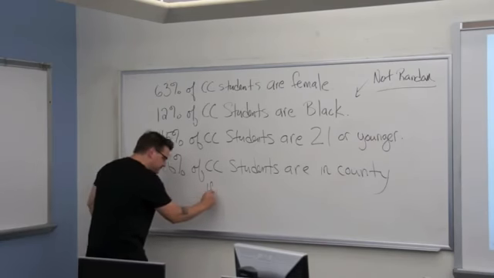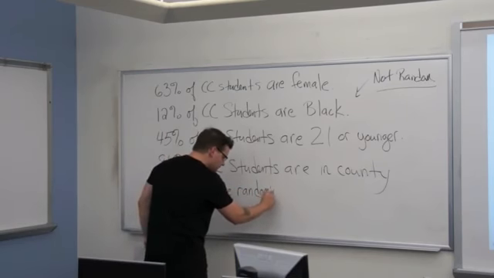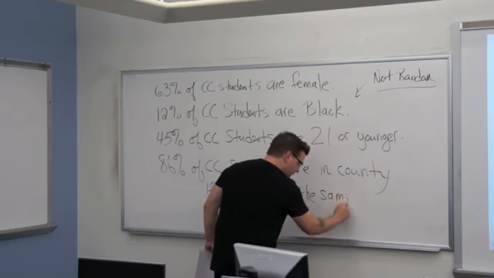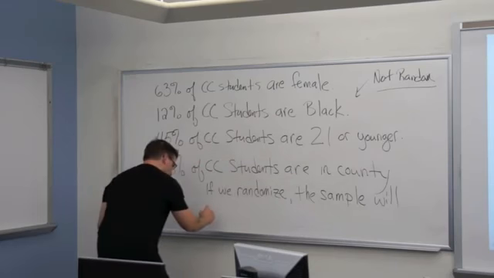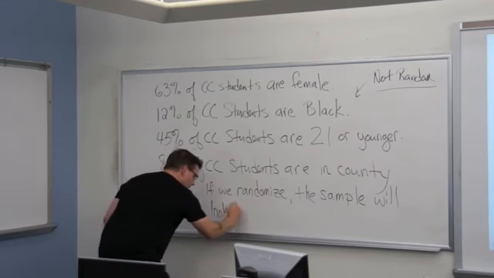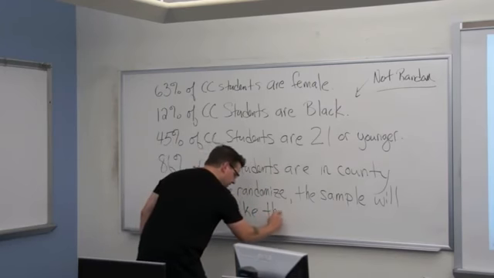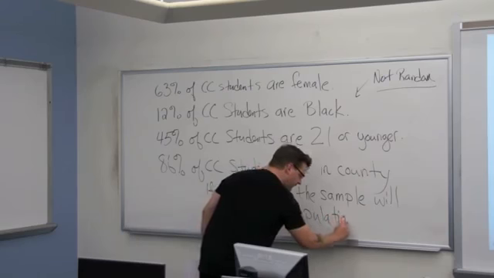I'll wrap up with that. If we randomize, the sample that we collect will look like the population on average. It won't be perfect.